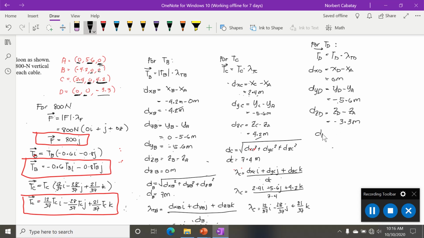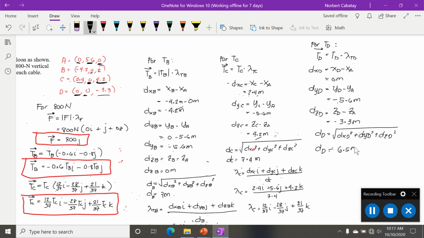Solving for the distance d, take the square root of d sub xD squared plus d sub yD squared plus d sub zD squared. You have 13 over 2 or 6.5.